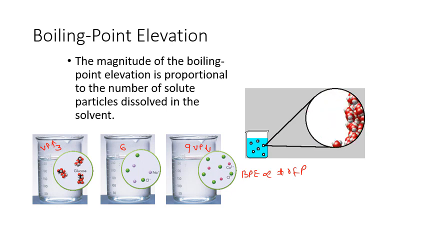Since the vapor pressure is less, it will take more time to reach the atmospheric pressure. So we have to supply heat energy, and that will result in a higher boiling point in the case of more particles. Vapor pressure less, boiling point will be high. That depends on the number of particles in the solution.